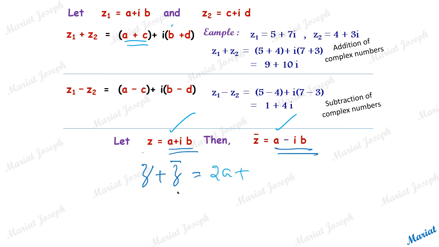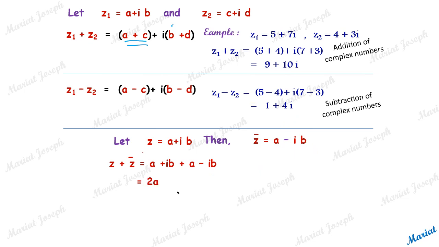Plus, now IB and minus IB are to be added. What is IB plus minus IB? That will be 0. So there is no imaginary part. Hence, we say that when you add a complex number and its own conjugate, you get 2A, which is denoted as twice the real part of Z. Real part of Z was A. So the answer here is 2A. So twice the real part of Z, we say.